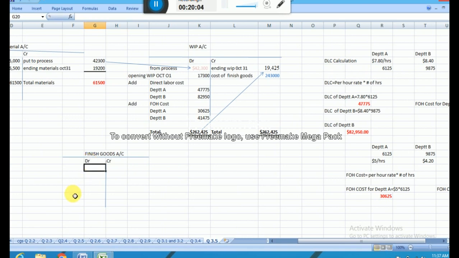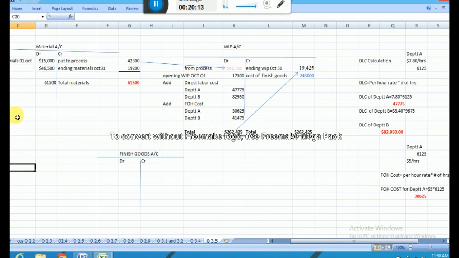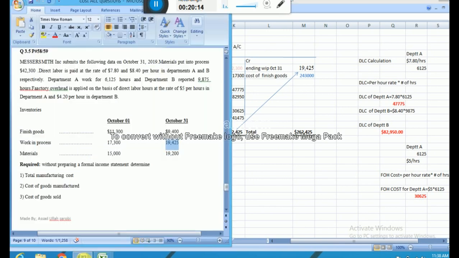First we will look at whether we have finished goods from the previous month or not. So check the question. Finished goods, yes, 11,300 finished goods we have from the previous month.